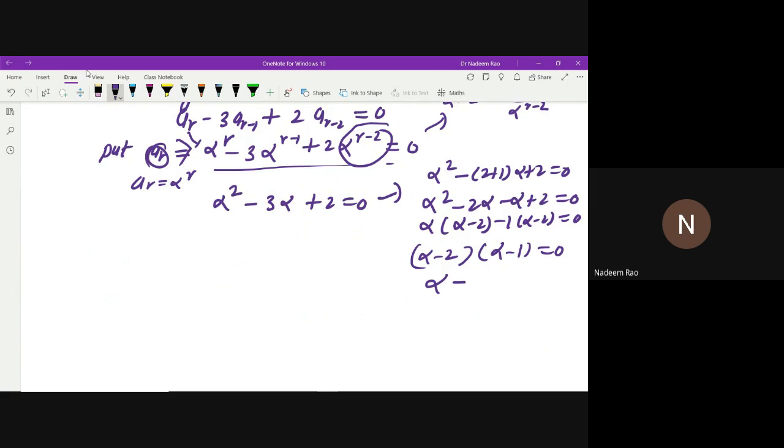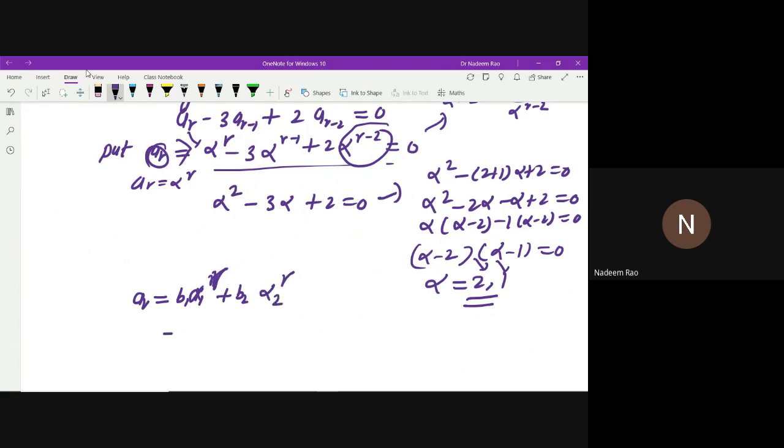Here we will get the two values, alpha equals 2 and alpha equals 1. Both are distinct roots. And the solution of the above recurrence relation will be a_r equals b1 alpha 1 to the power r plus b2 alpha 2 to the power r.